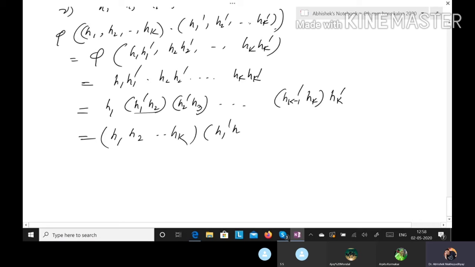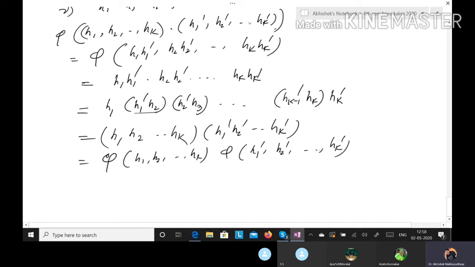That is h1 h2 ... hk, then h1 dashed h2 dashed ... hk dashed. So it is phi of (h1, h2, ..., hk), and also phi of (h1 dashed, h2 dashed, ..., hk dashed).